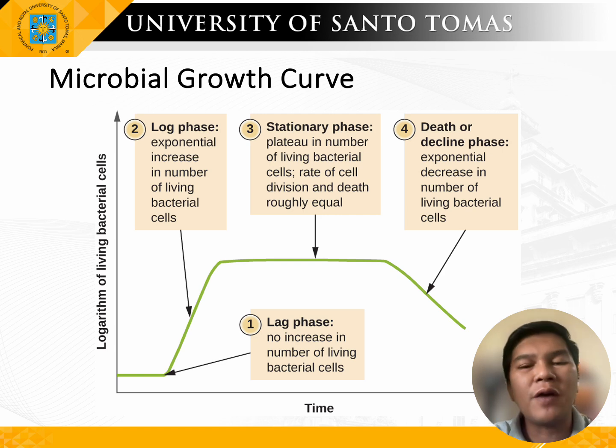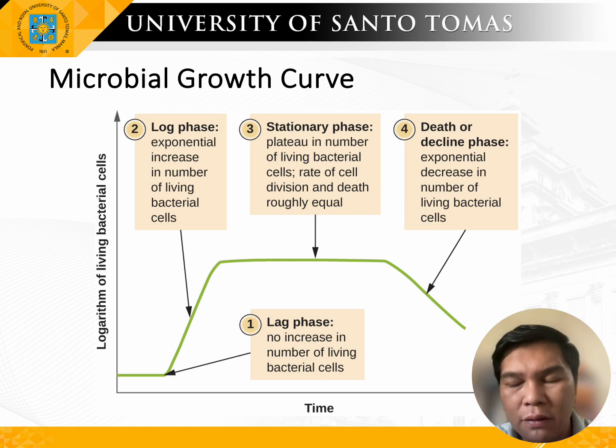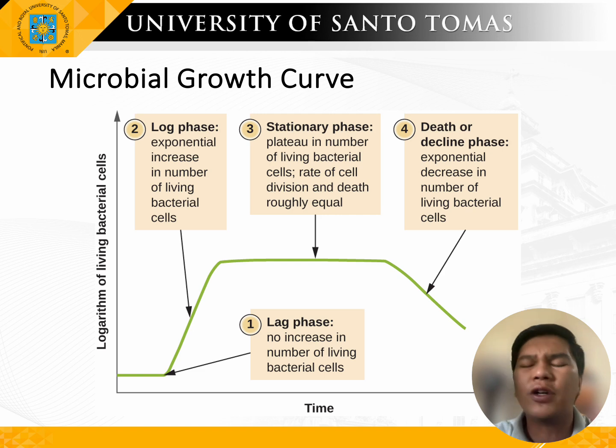My professor usually says that during the stationary phase, it's not really straight, it's zigzag. Why? Because there will be an increase and then a decrease, increase, decrease, and so on. But if you look at it overall, there is really the formation of a plateau in the growth of your organism, and that is why we call it the stationary phase.